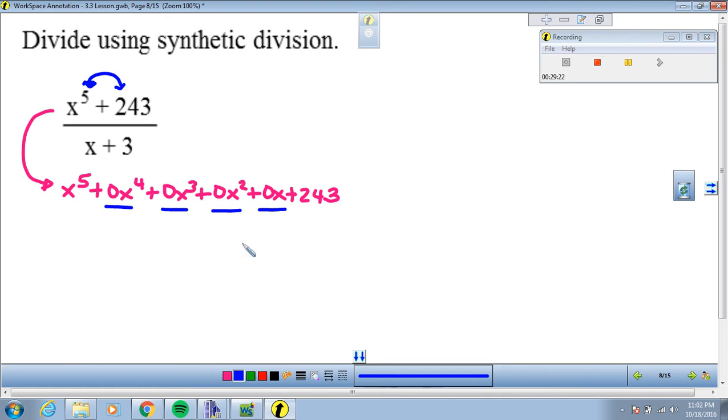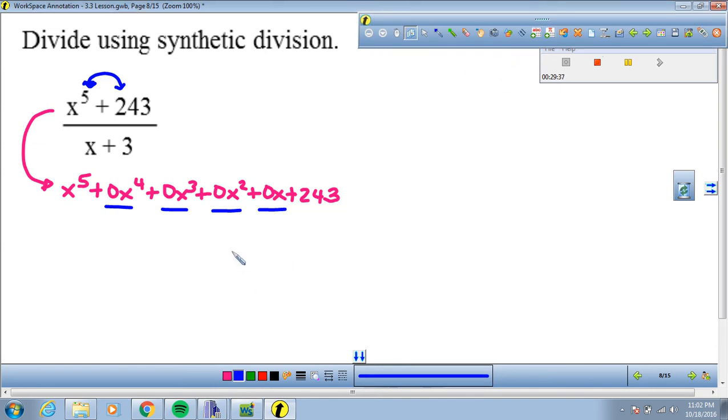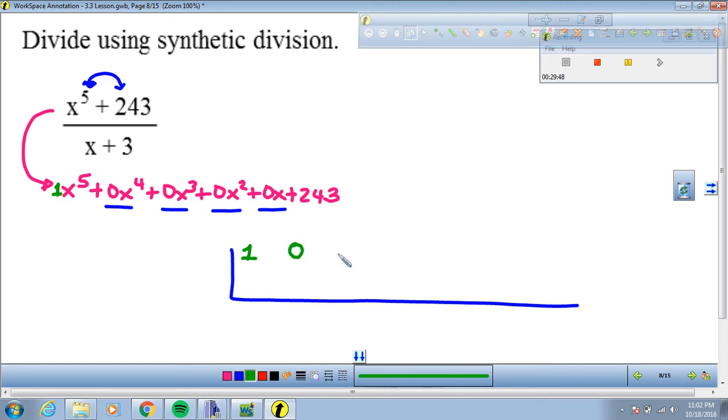So when you do your synthetic division, now we're going to write a 1. Where is this 1 coming from? From here, the coefficient. You're not copying the exponents, you're copying the coefficients. 0, 0, 0, 0. There's 1, 2, 3, 4 zeros. I have 4 zeros. And then 200.